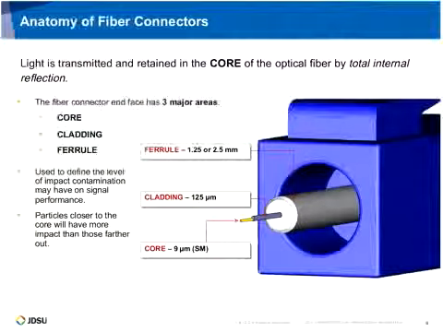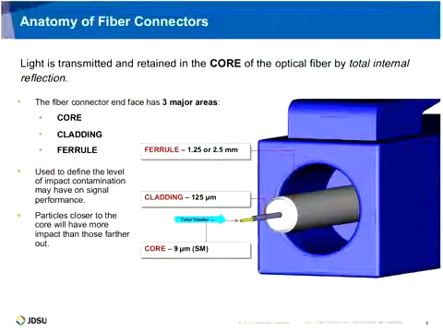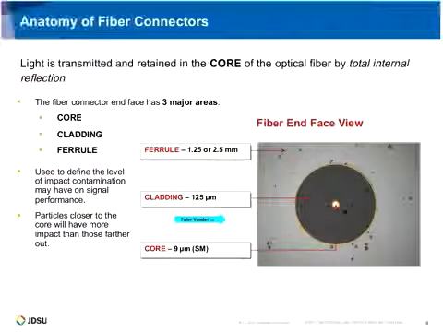But at the very center of that fiber itself is the core, and that's where the light is actually transmitted. In this diagram here, it actually shows the fiber protruding from the ferrule. I did that strictly for illustrative purposes, just to give you an idea of where the fiber is located. Here's an interesting view as well.